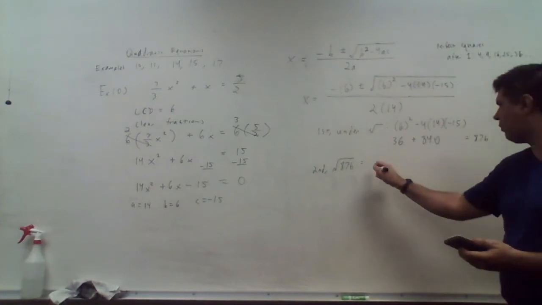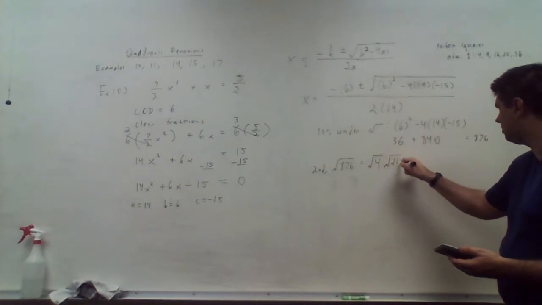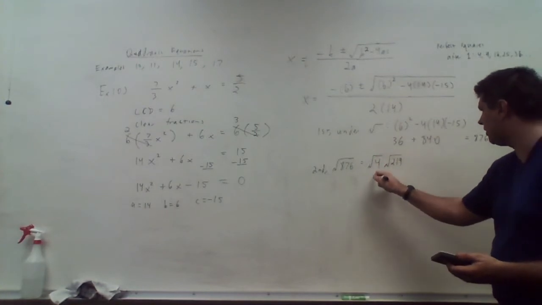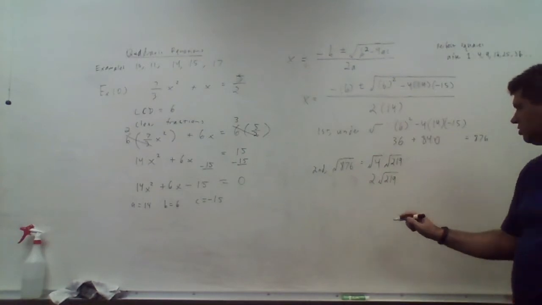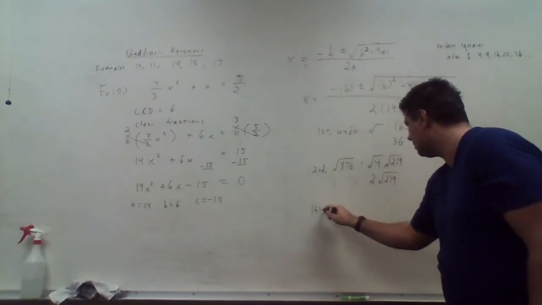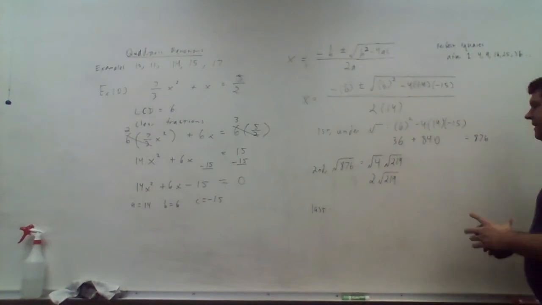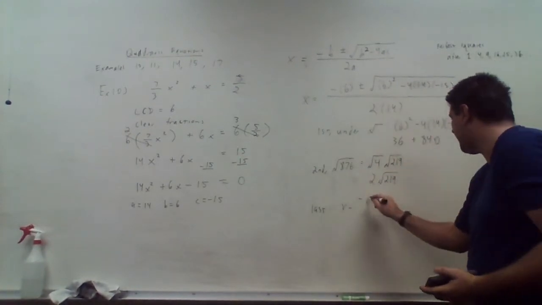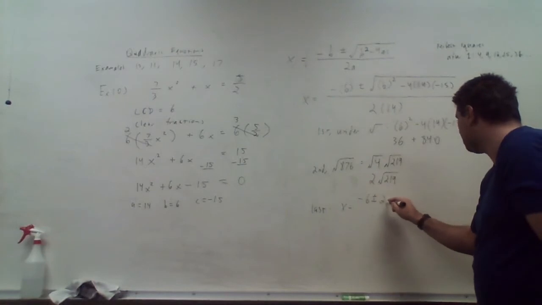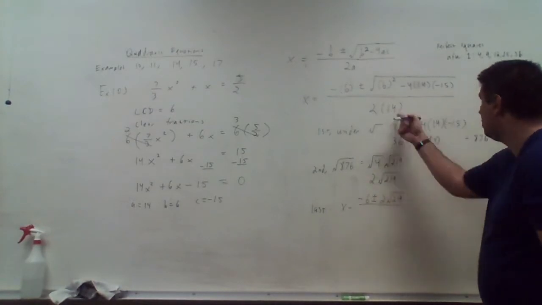We'll have the square root of 4 first, and the square root of 219. The square root of 4 is 2. So the last thing we do, having taken care of the radical, we now have x equals, we deal with the larger expression, negative 6 plus or minus 2 times the square root of 219 divided by 28.